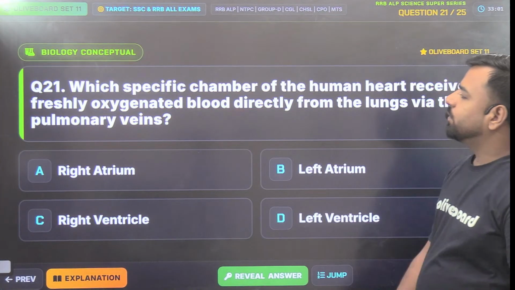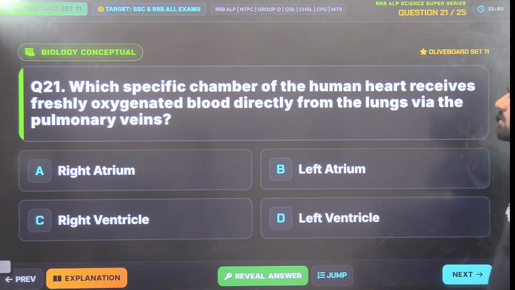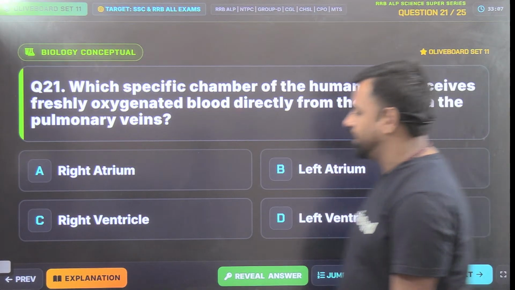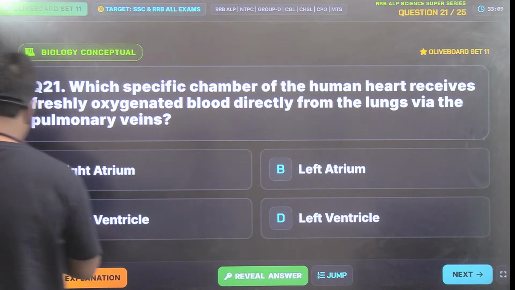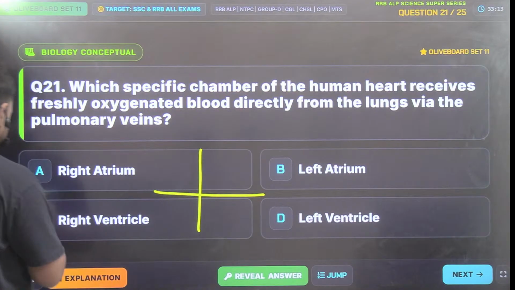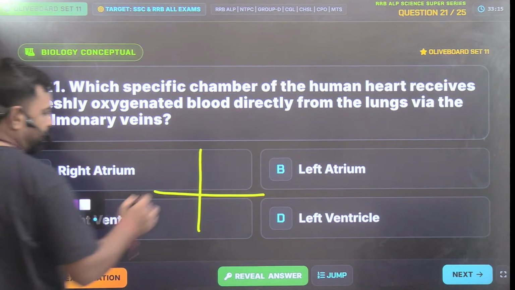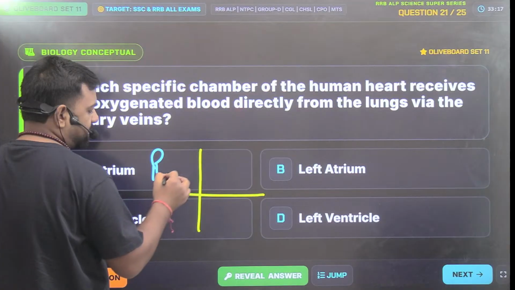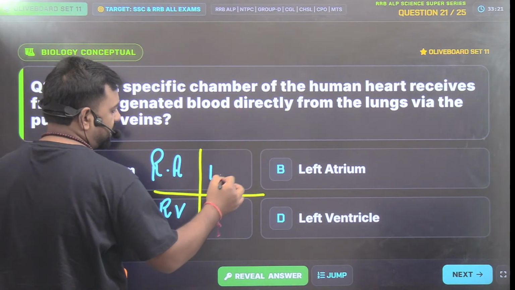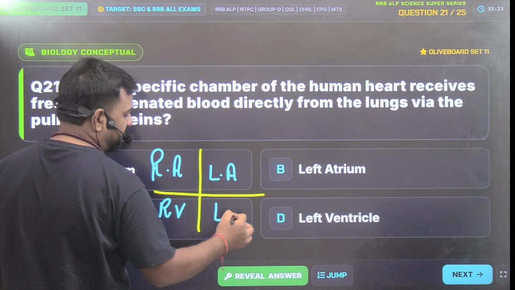Next, which specific chamber of the human heart receives freshly oxygenated blood directly from the lungs via pulmonary arteries? For this case, our heart is divided into four chambers. This is the right atrium, this one is the right ventricle, this is the left atrium, and guys, this is the left ventricle.